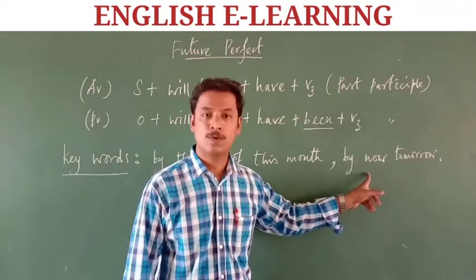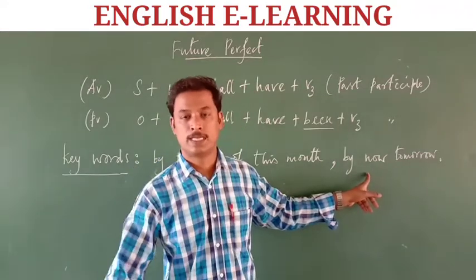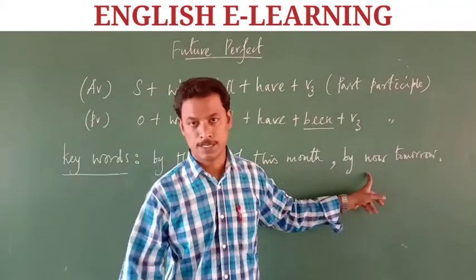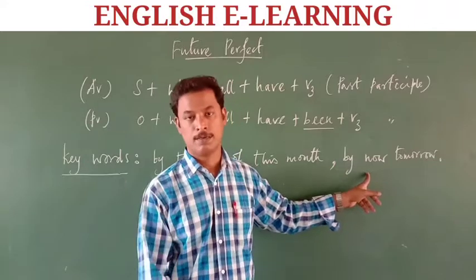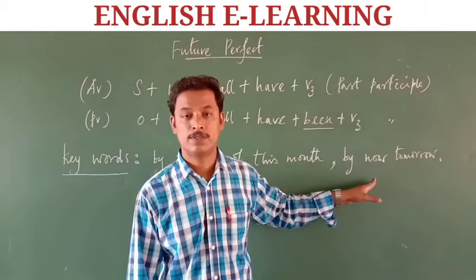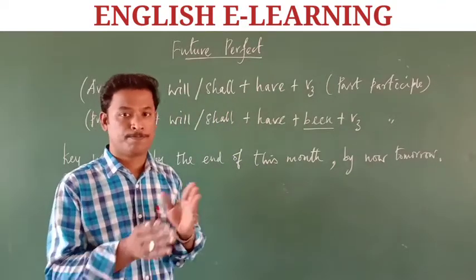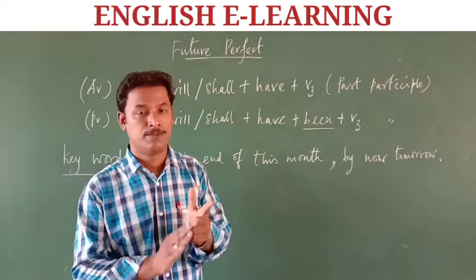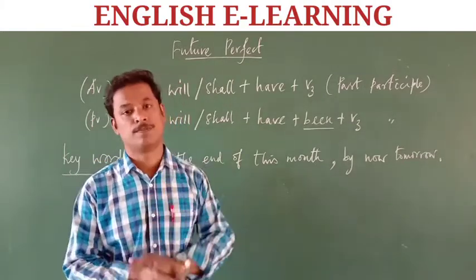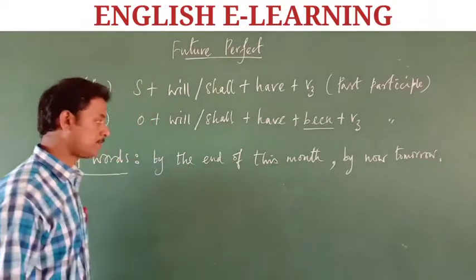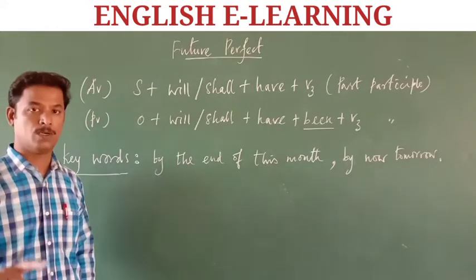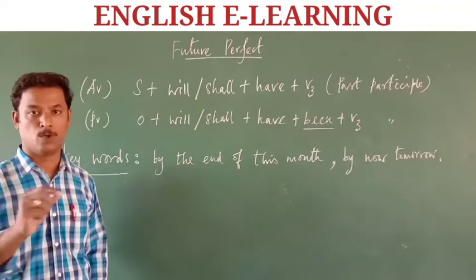So by now tomorrow, by now next month, by now next year, next year by now, next month by now, next Friday by now. These keywords can be used in both future continuous and future perfect. It will also be dependent upon our mood. Right. Okay. Now take a screenshot for these keywords and note down these keywords in your notebook.